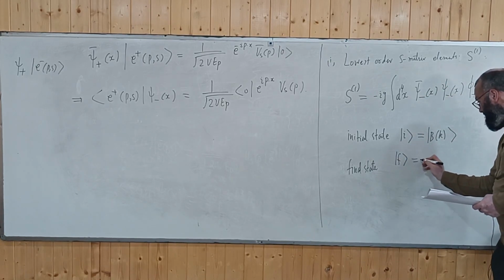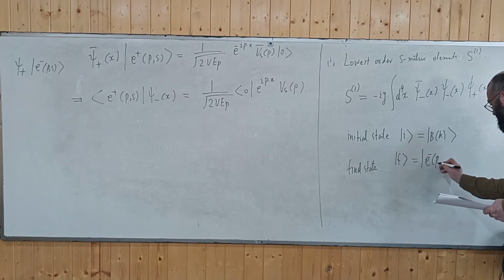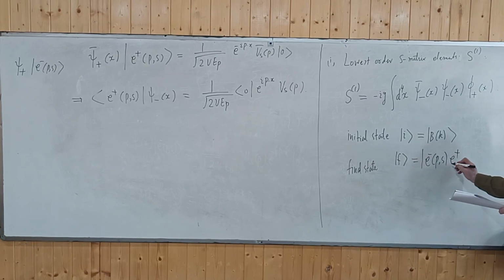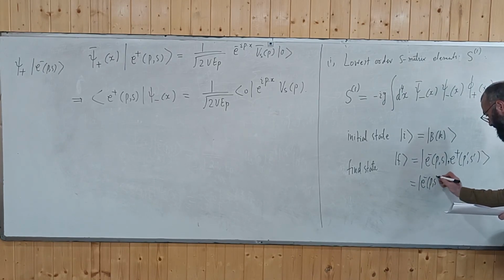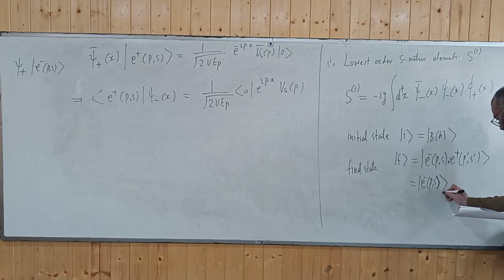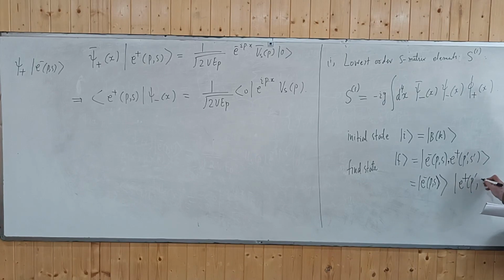So it is e minus p s and e plus p prime s prime. It is a compact notation.